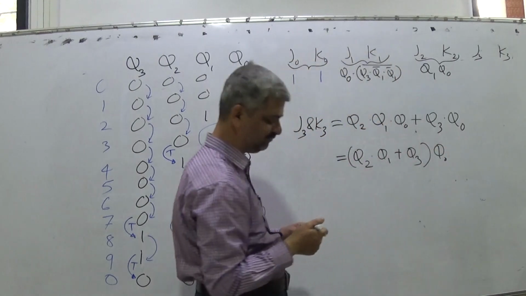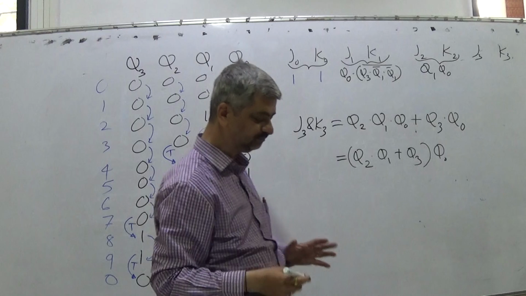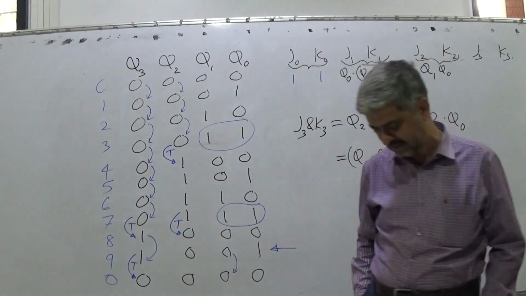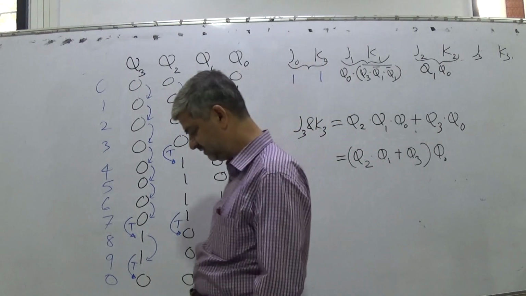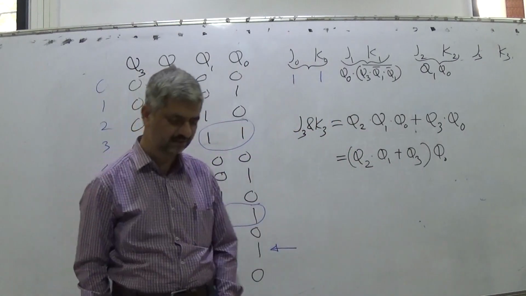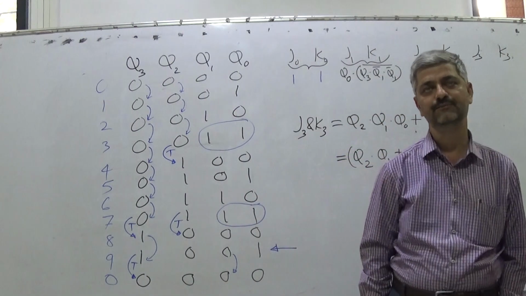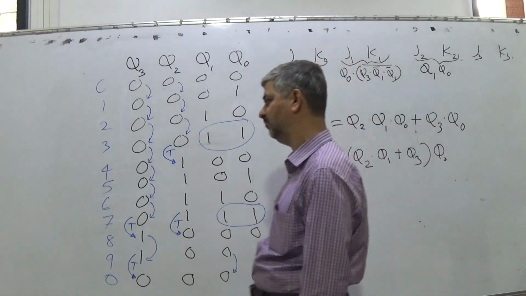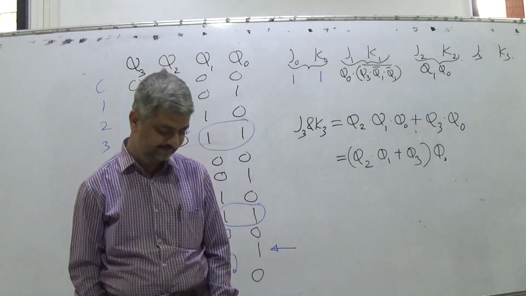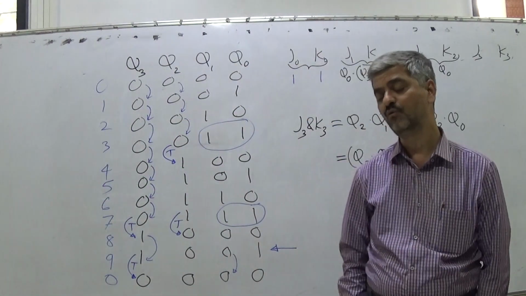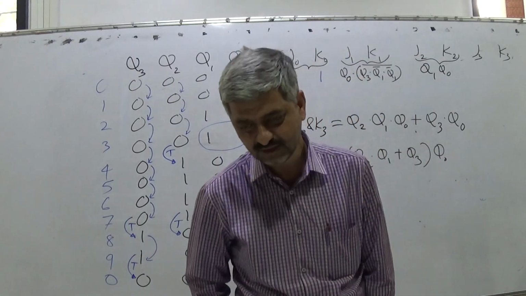So there are many ways with which you can design. In general, you can design a hex counter which advances through all possible states. If I am having n bits, then it advances through 2 raised to n states. Other than the hex counter, there is the decade counter.